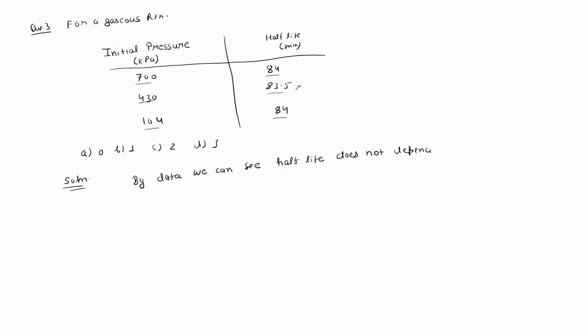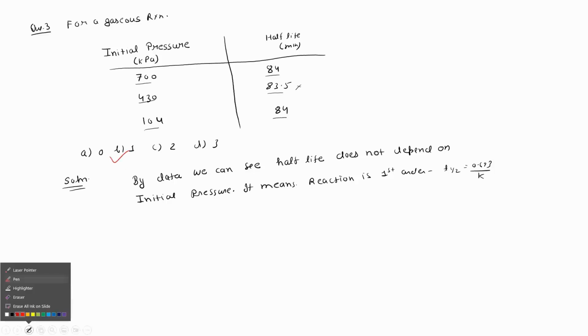It means the reaction is first order, because for first order T half is 0.693 by K. It does not depend on the initial concentration. The answer is V part, that is first order.